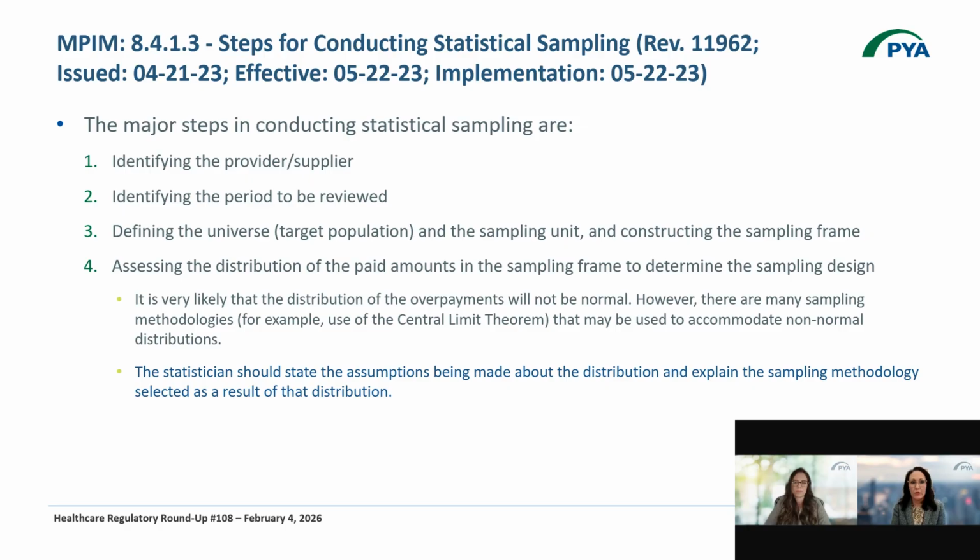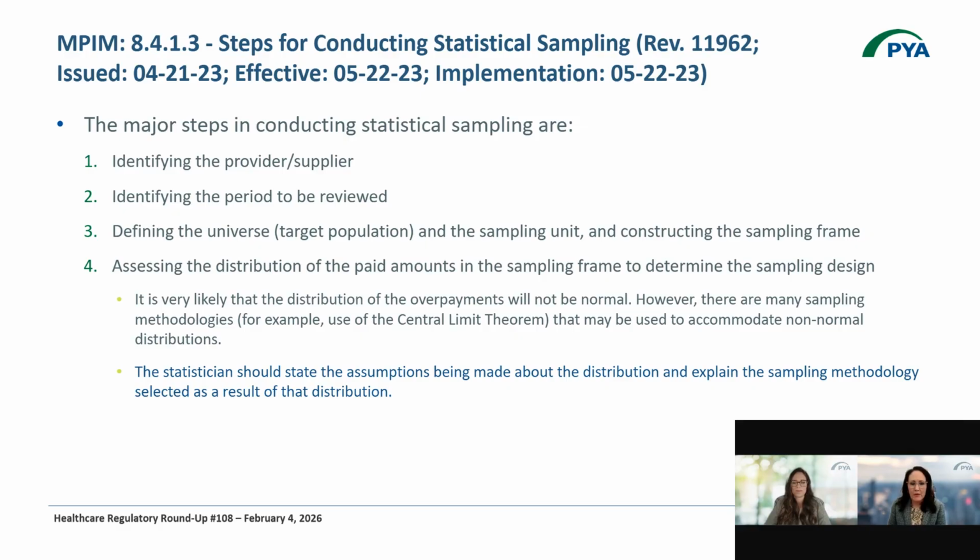That random sample would be within those 10 patients. So obviously, you wouldn't need to do a statistical sample if you only had 10 patients, because then you could review those 10 patients and complete your review. Effectively, anything under 200, you probably just want to go ahead and do a 100% review. We'll talk about that in a minute as well.